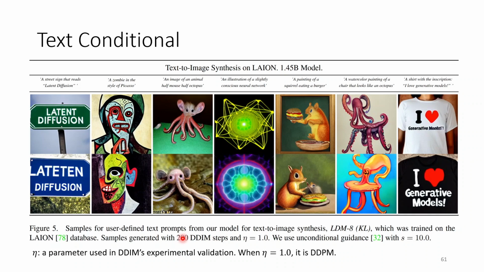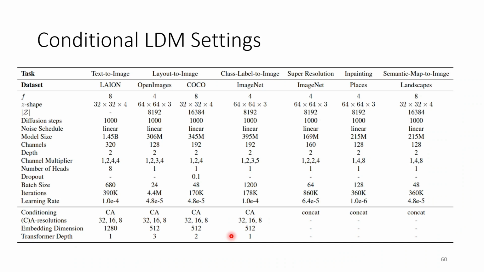But why do they need to mention it here? Because in their paper, they not only show these images, they also show many different images. So you can see there are at least 6 different settings. For some settings they use DDIM, and for some settings they use DDPM.